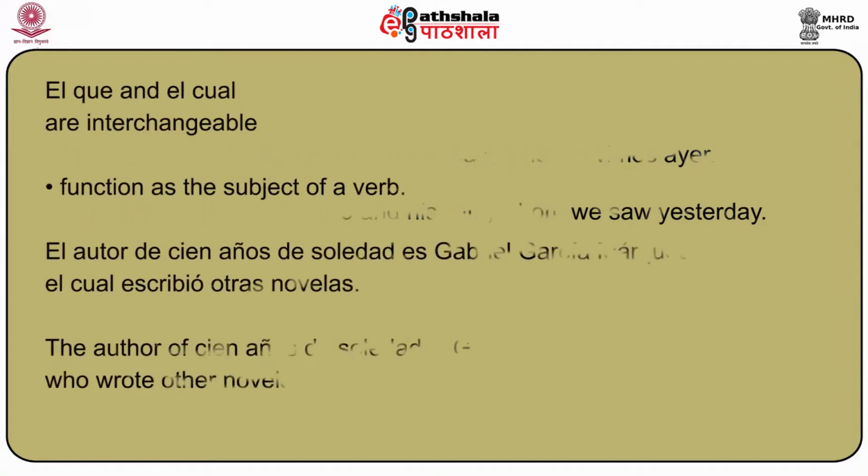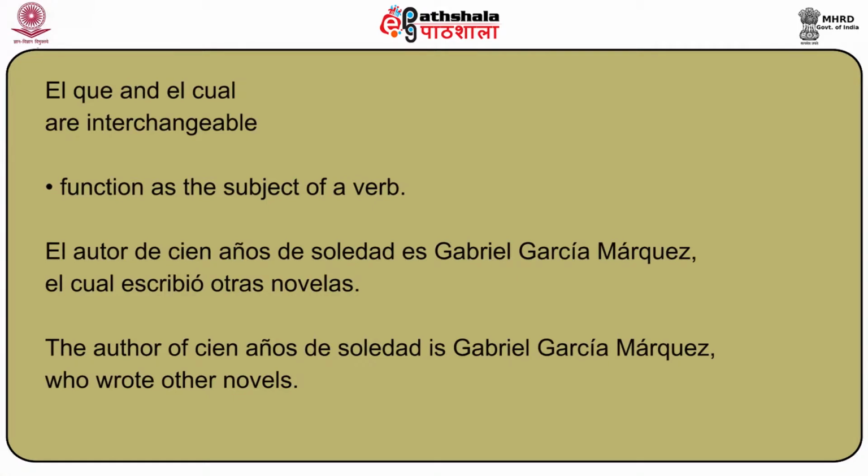El que and el cual are the relative pronoun forms of que with a definite article: el que, los que, la que and las que, and the set of forms el cual, los cuales, la cual and las cuales are interchangeable.